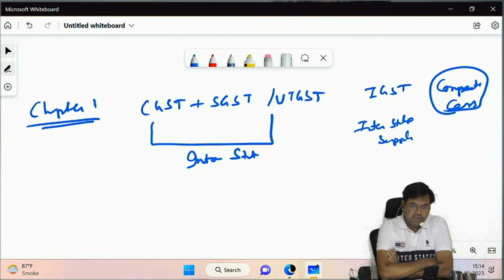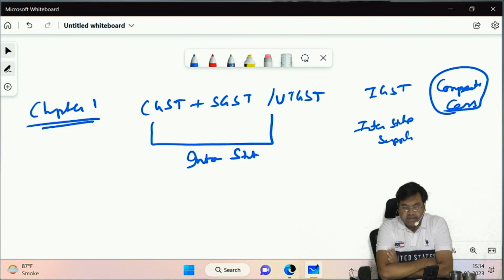So agent basically works along with the principal. Agent works for whom? Principal. Agent definition is an inclusive definition: del credere agent, broker, auctioneer, mercantile agent. Okay, all these are agents. What is the job of the agent? Basically, on behalf of the principal, he supplies or receives the goods.